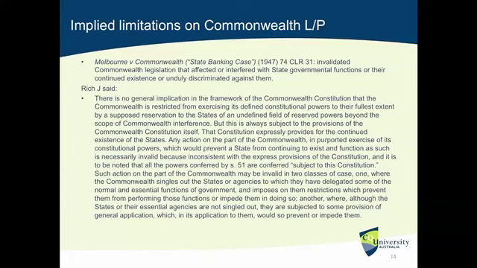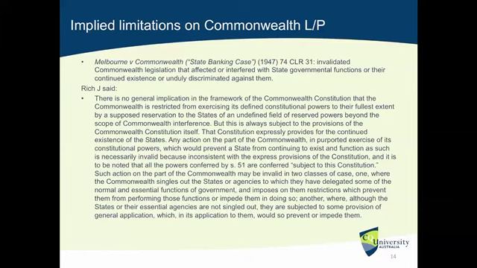The Constitution does not specifically or expressly provide for the prohibition against Commonwealth parliamentary legislation that interfered with the existence of states. So in other words, the Australian Commonwealth Parliament could have validly or constitutionally passed a law that interfered with the functions of a state government for as long as it did not impair the existence of the state.